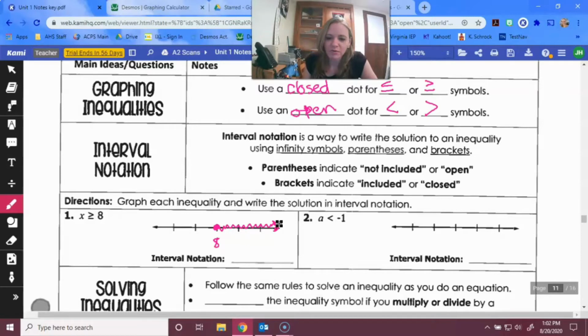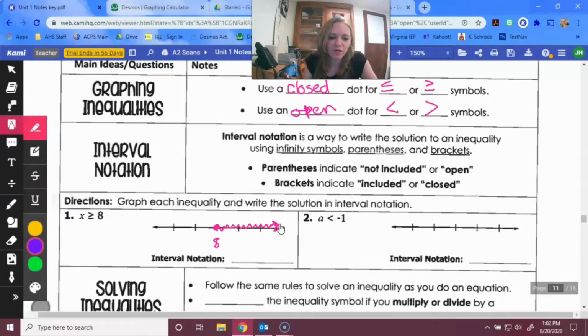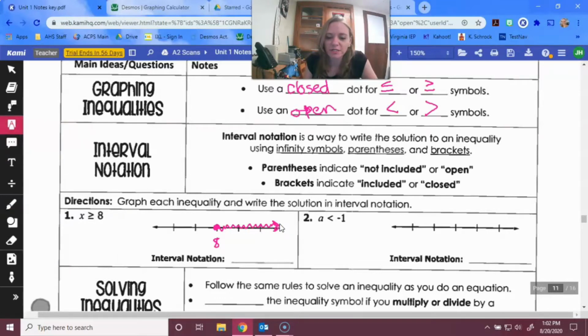All right, interval notation. This is probably something you either forgot or have not seen before. Interval notation is a shortcut way to write your answers as opposed to, or in addition to, the graphing. You might have to write your answer a special way, and interval notation is a special way. It'll use infinity symbols, parentheses, brackets, and of course your numbers.